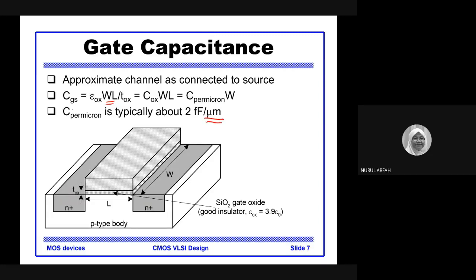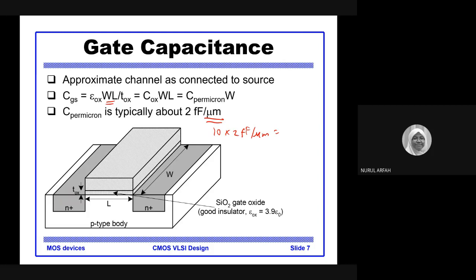So if the capacitance per micron is about 2 femtofarad per micron, then if you have a 10 micrometer gate, you can just multiply 10 by 2 femtofarad per micron, and you will get 20 femtofarad. Okay.